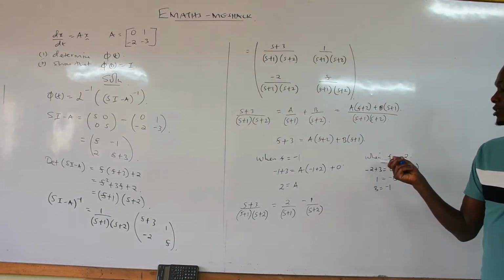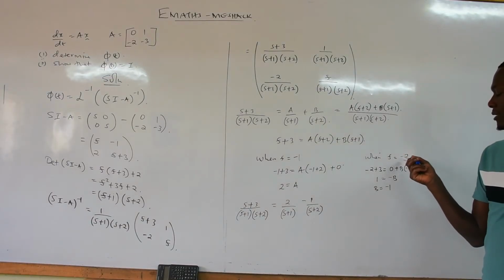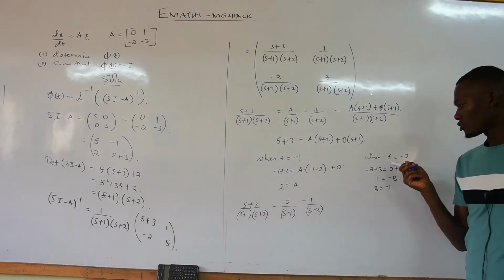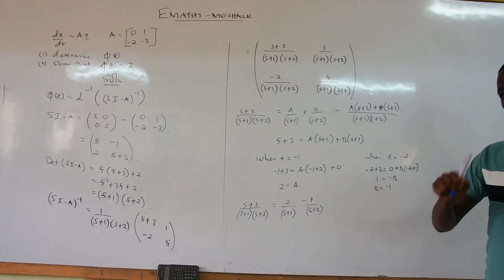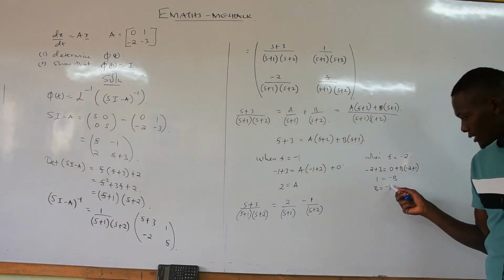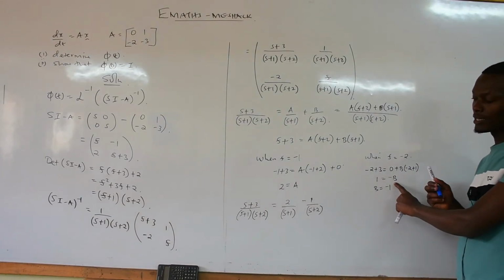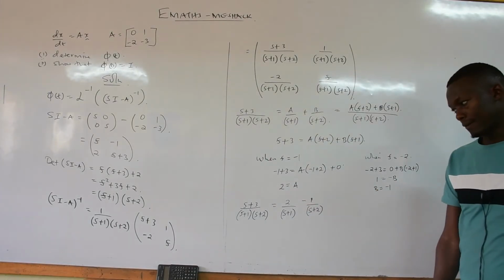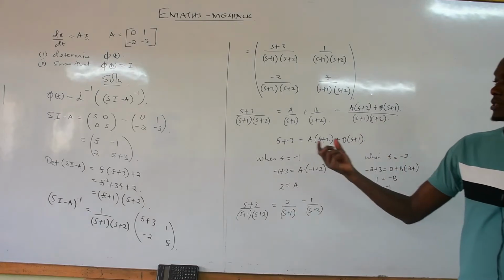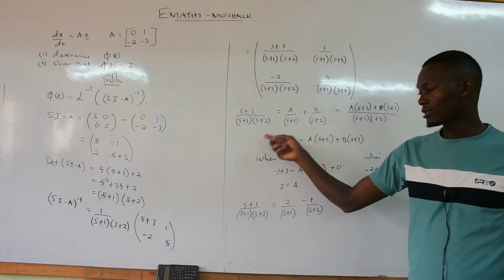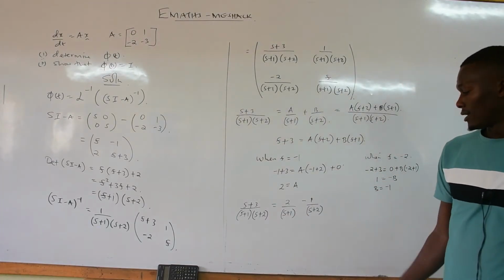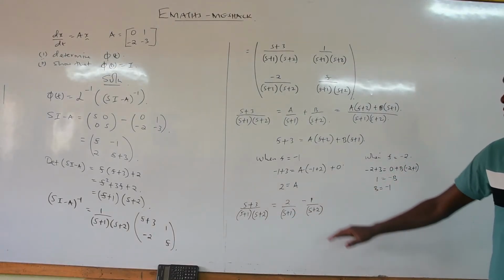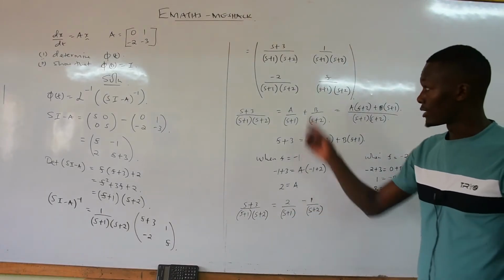At any point on the right hand side when I replace my value of s to be negative 2, my value will be negative b. The right hand side here will always be a. So what will be changing is only this left hand side. So we have the first partial fraction. Now let's check the others.